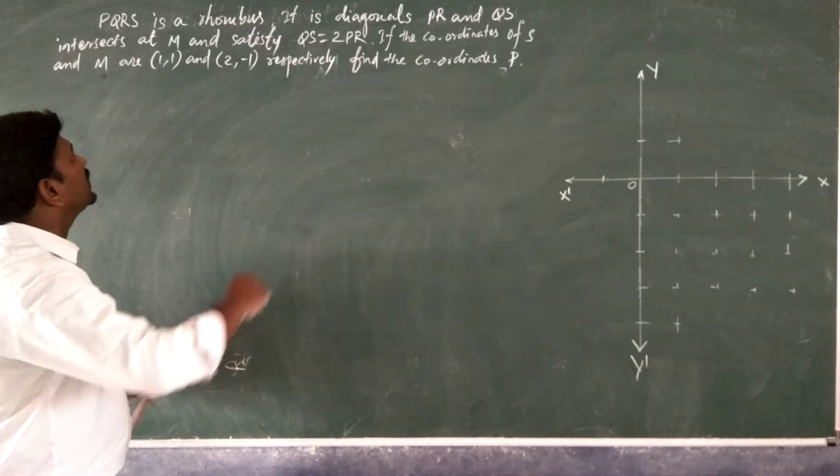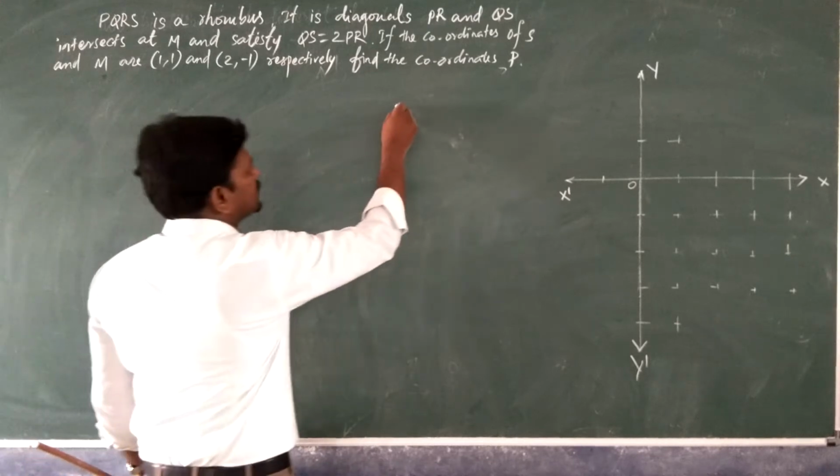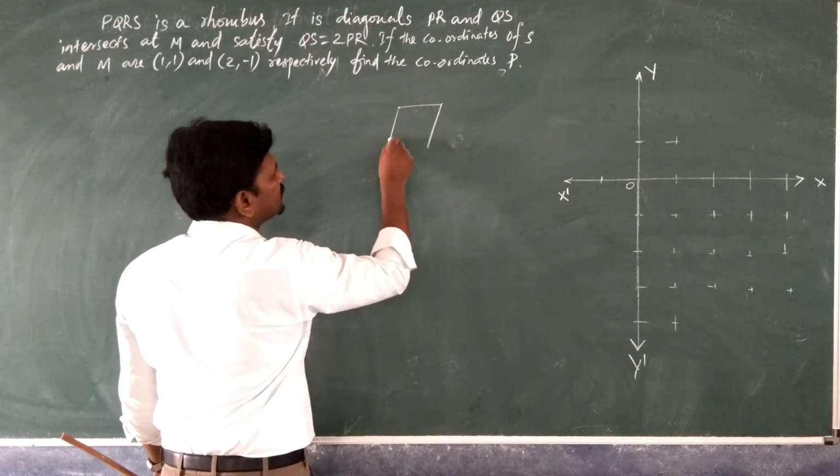So listen carefully. Here PQRS is a rhombus.